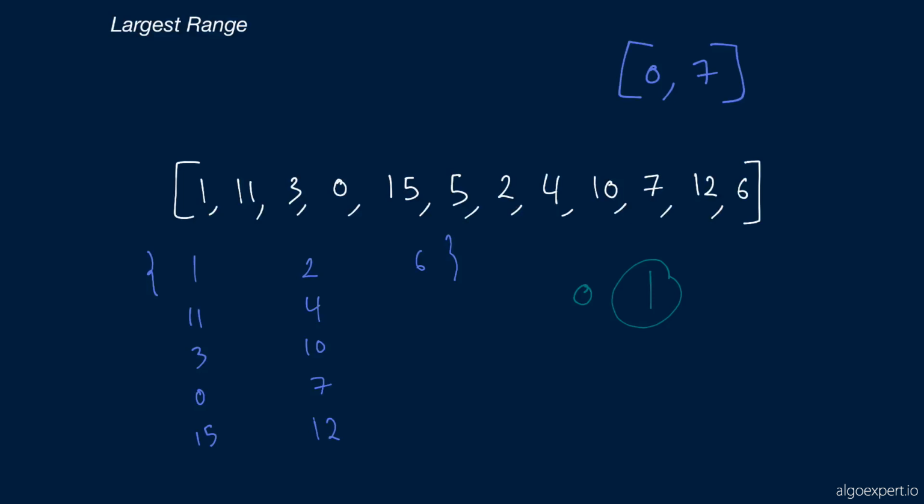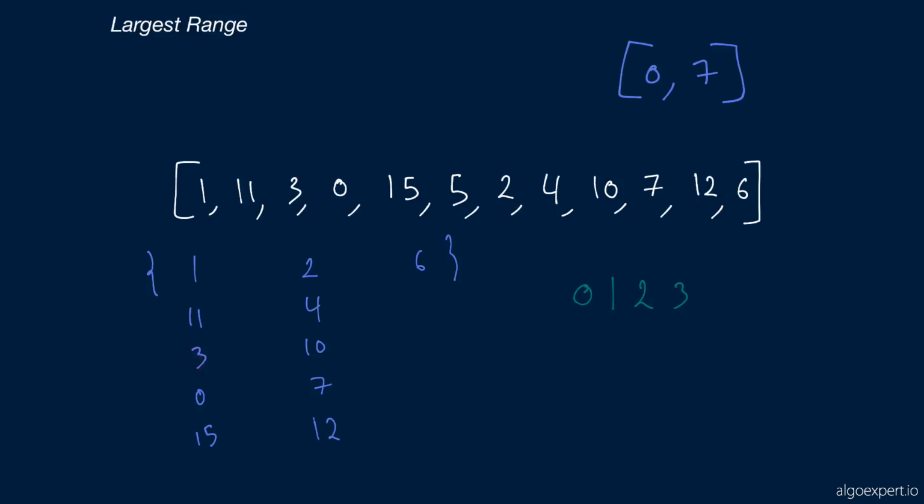Now we go to the right of 1. So we would have the number 2. In fact, let me erase this circle here just so that I give myself a bit more space. Is the number 2 in our hash table? Yes, it is. It's here, meaning it's in our input array, so we can keep it. Now we go to the number 3. Is 3 in the hash table?